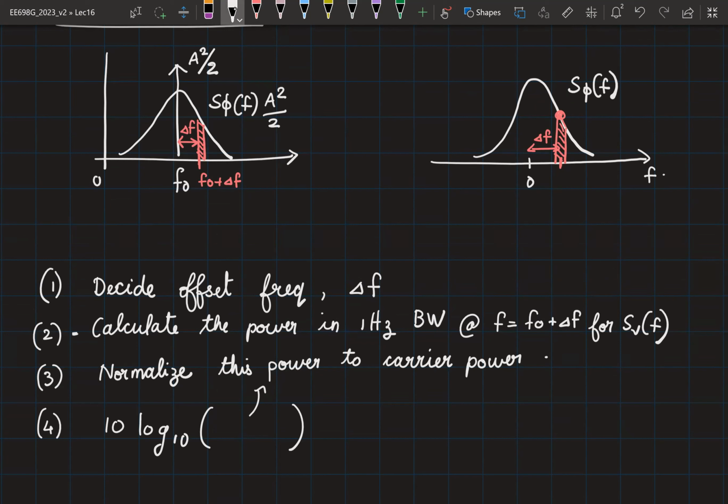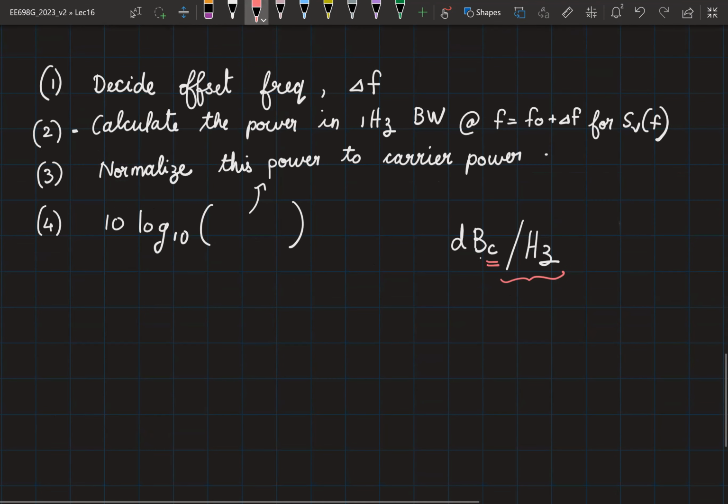And this will then be represented in units of dBc per hertz. dB because you have taken log 10, C because it has been normalized to carrier power, and per hertz because you are looking at the power in a 1 hertz bandwidth. Okay, and this is represented using L of delta F.